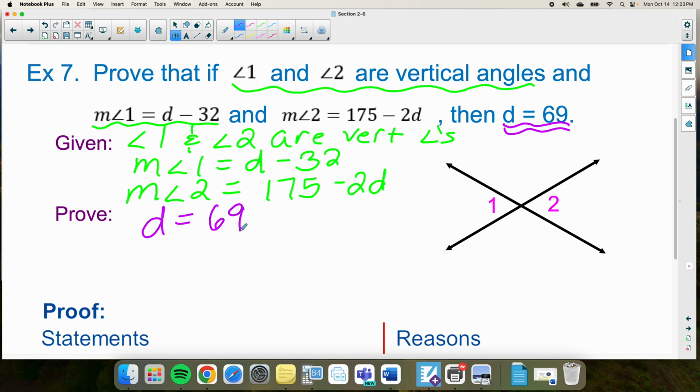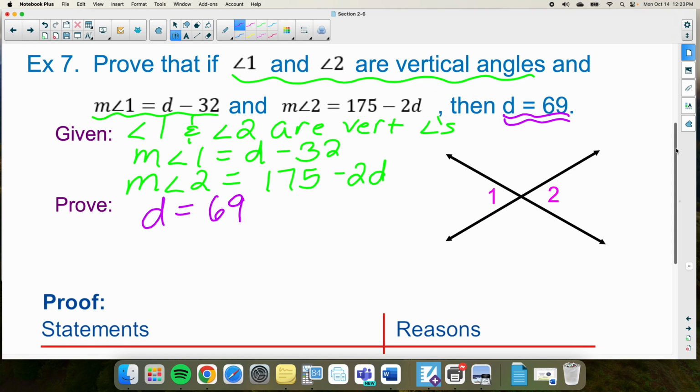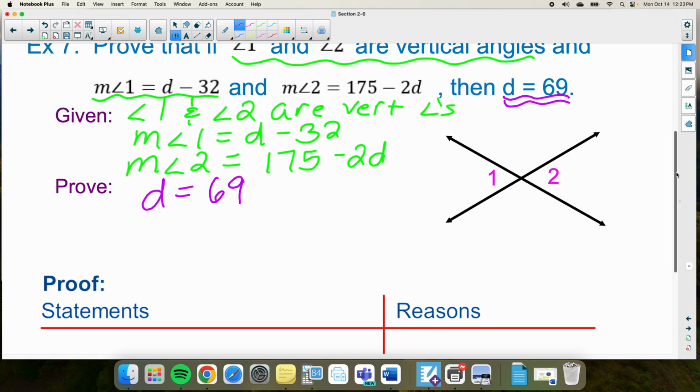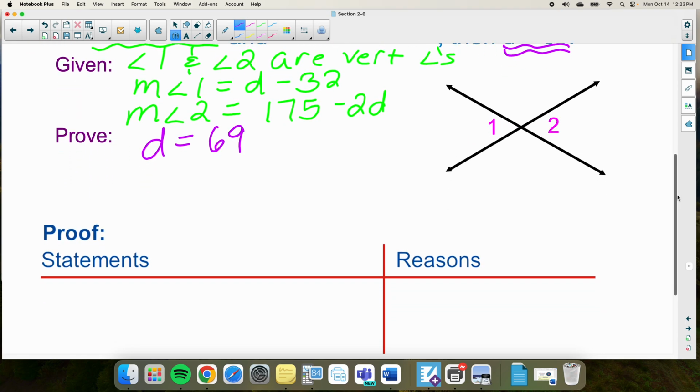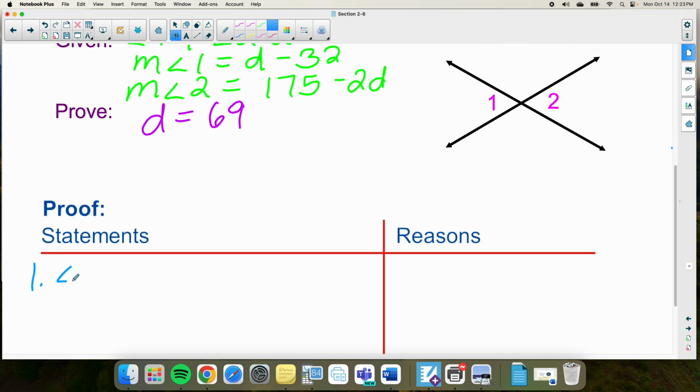Okay? So now we're going to go down to our proof, and we have 3 different givens. So what I would do is write them all under step 1. So let's do that. Let's just copy those 3 givens. So we're going to say angle 1 and angle 2 are vertical angles.